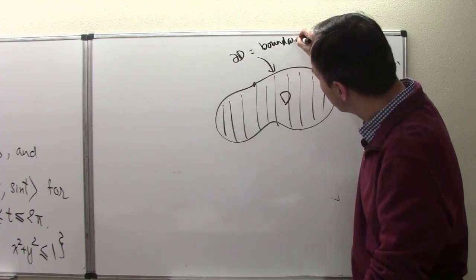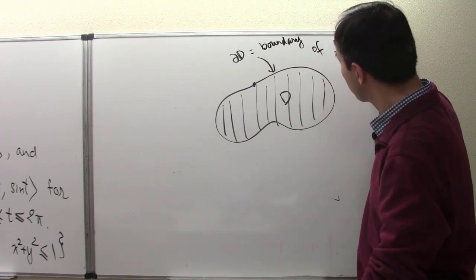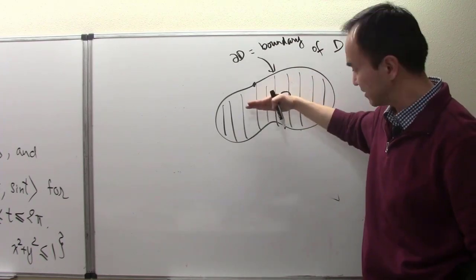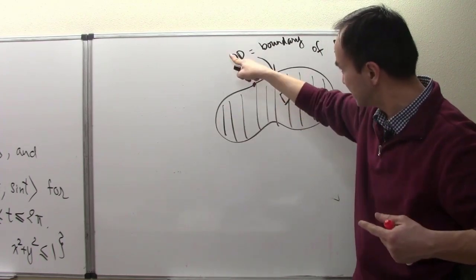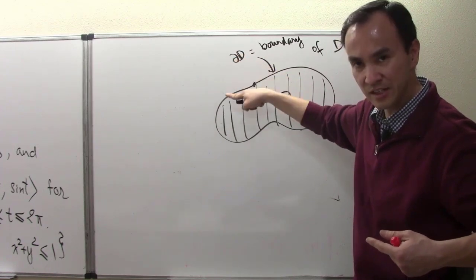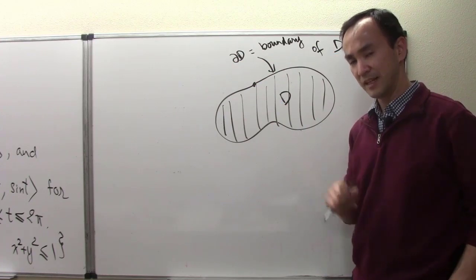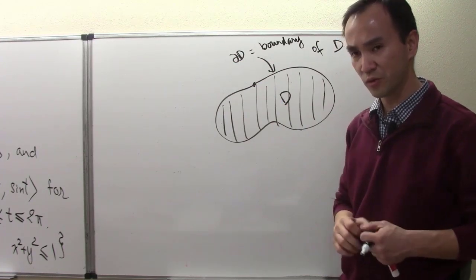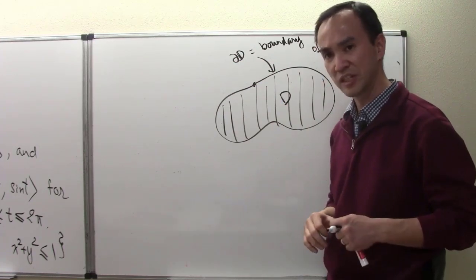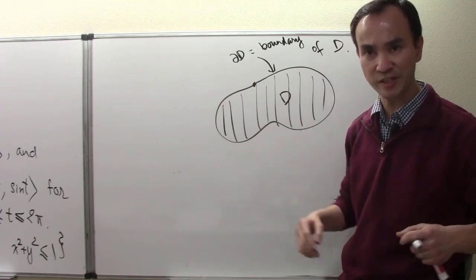This symbol means the boundary of the region D. D is the interior, or the whole picture itself, but this symbol is the boundary, what's going around right there. That's just one notation I would like to point out so that in case you see it here and there in different textbooks, you won't get shocked.